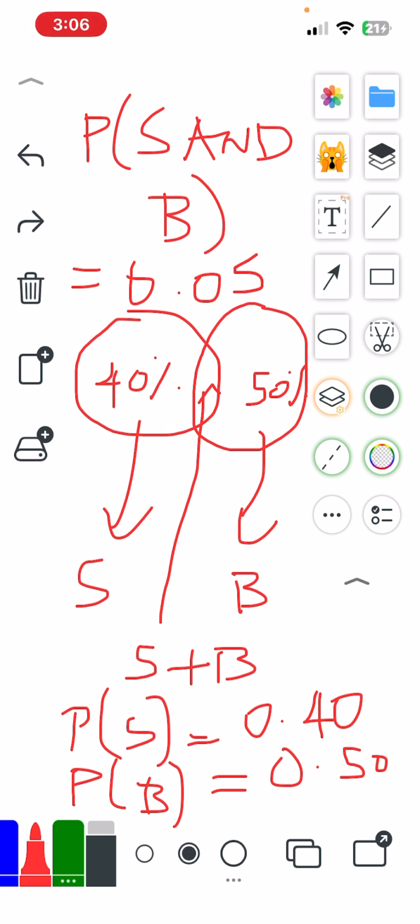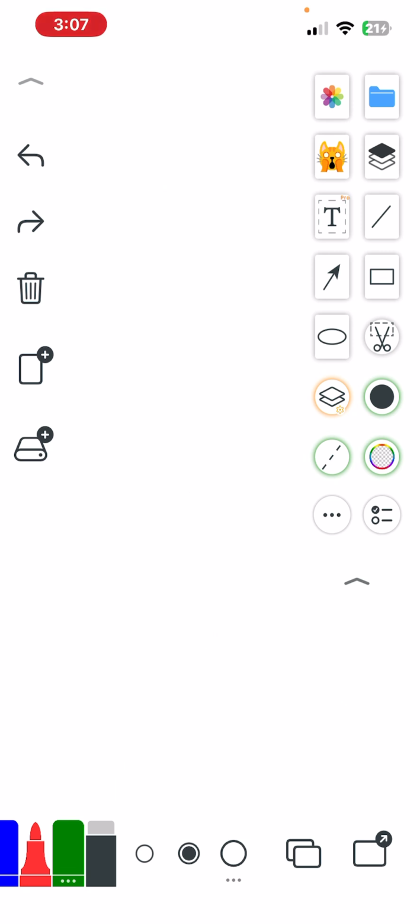Now, if you wanted to figure out the conditional probability, let's say the probability that the students play soccer given the condition that they also play baseball, then to figure out your conditional probability, this is P(S | B).